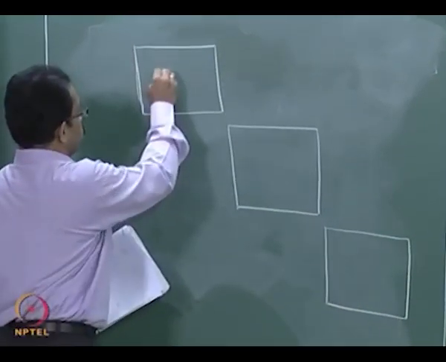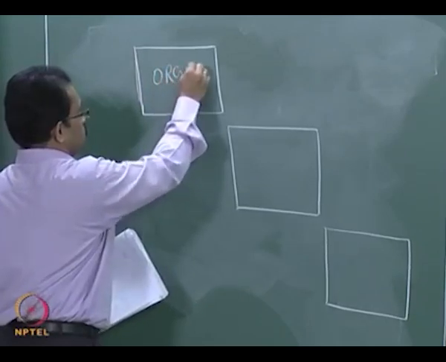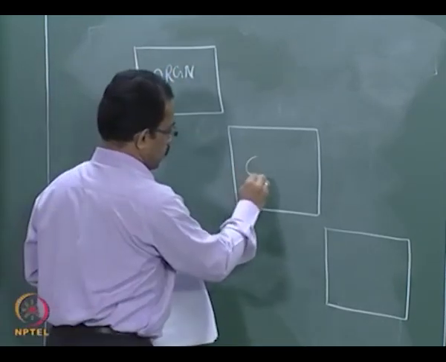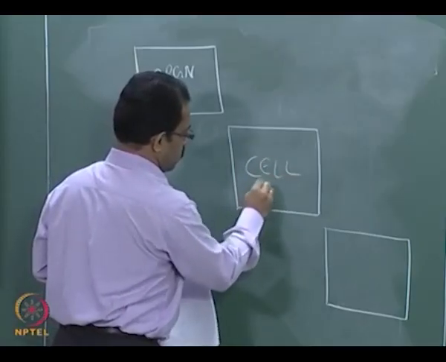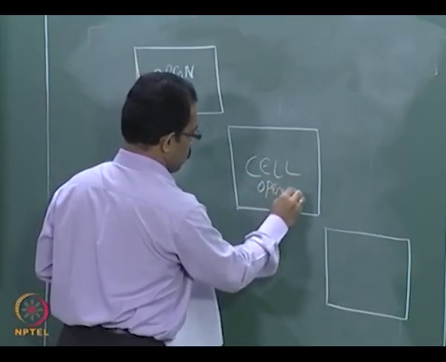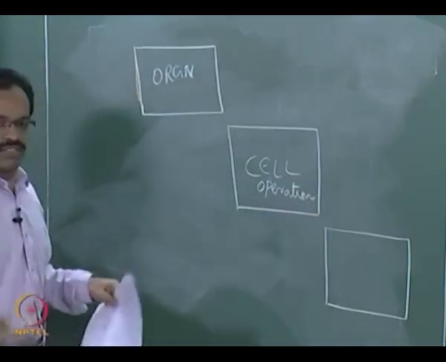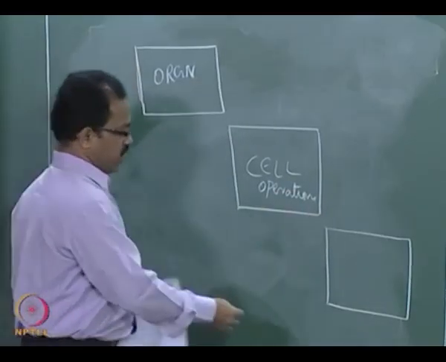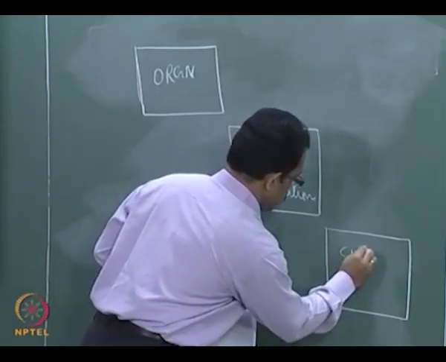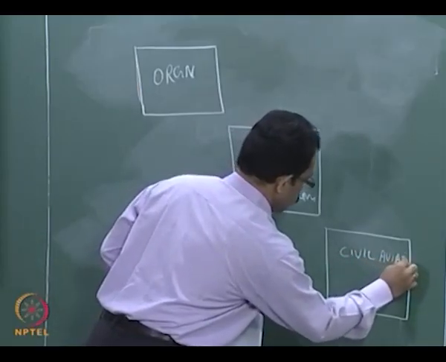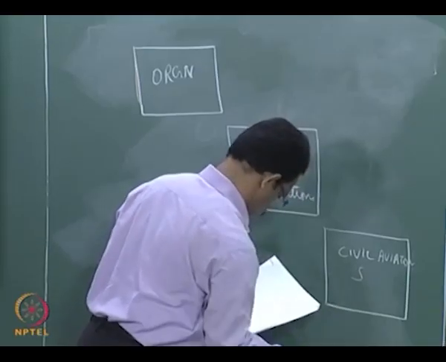So this was the organization which was planning those attacks, and this is the cell operations, basically what they call the sleeping cells, and this was the civil aviation schools, or civil aviation training schools, or civil aviation operation.